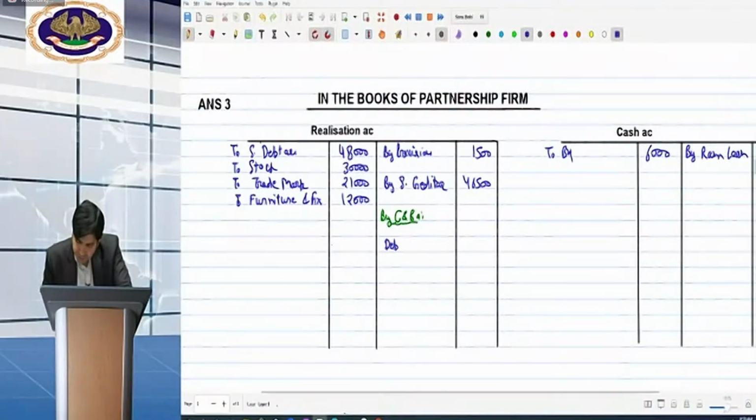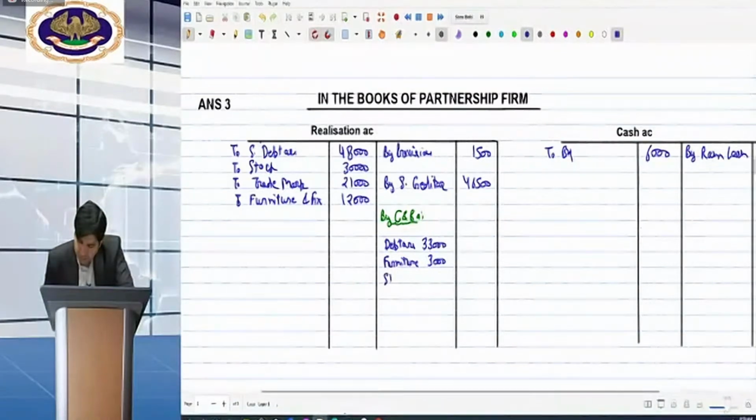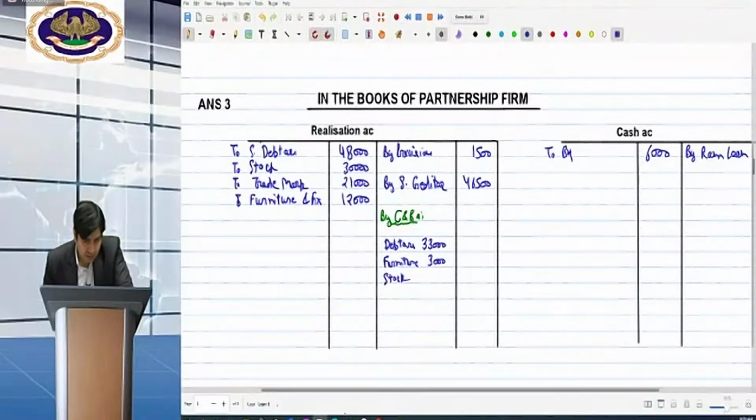By debtors, that is 33,000; furniture, that is 3,000; then stock, that is 24,000; after stock, JLP, that is 9,000; and then trademarks, those are 12,000.